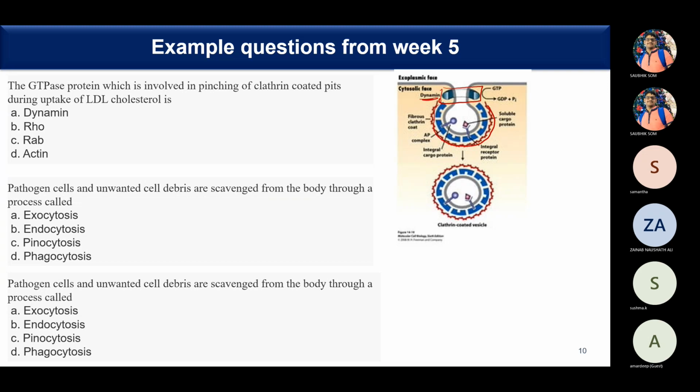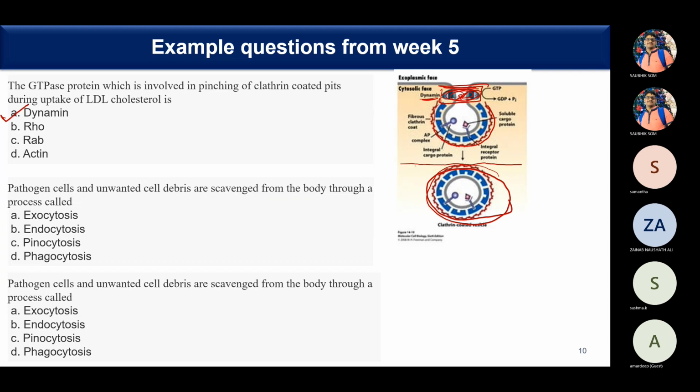You can think of a thread going around the vesicle, more and more constricting, and at some point, as you can see, this will constrict and become like this. The membrane will fuse, and the vesicle will come out like this. Again, I hope this will be taught in the vesicular transport chapter next week. So the correct answer will be dynamin.